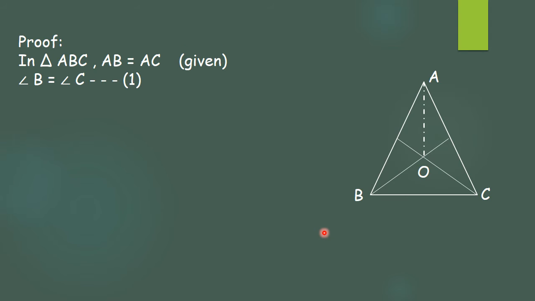Now the next part, what have they given? BO is the bisector of angle B. As it is a bisector, it will divide the whole angle B into two equal parts.